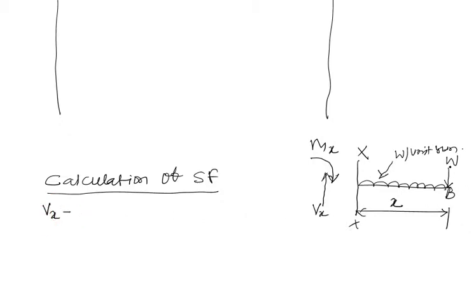This is a downward force, this is upward force, so Vx minus W minus wx, because the load per unit run is w, so for the length of x, total load will be wx, is equal to 0, or Vx is equal to W plus wx.